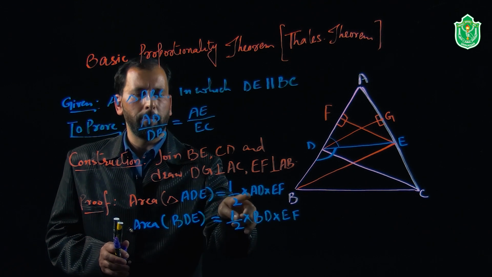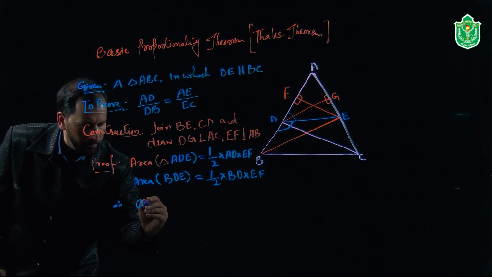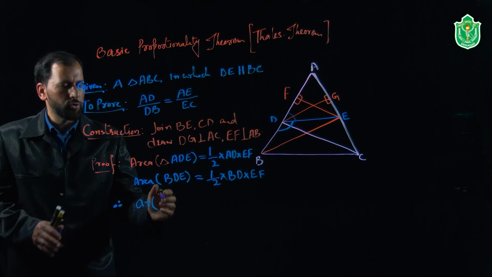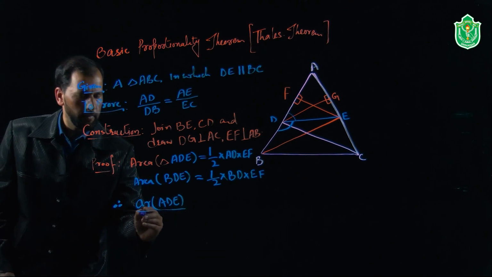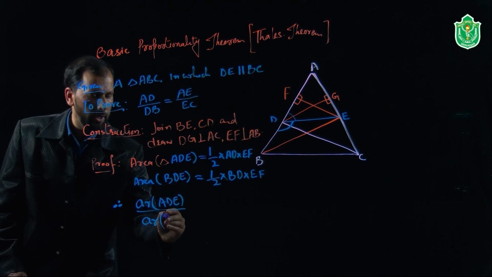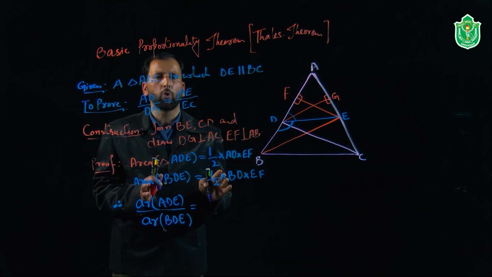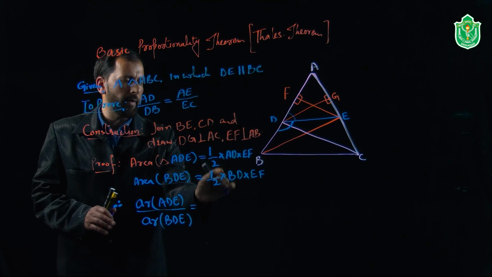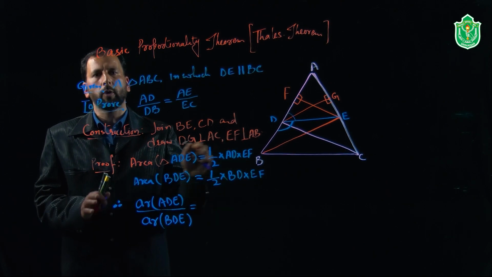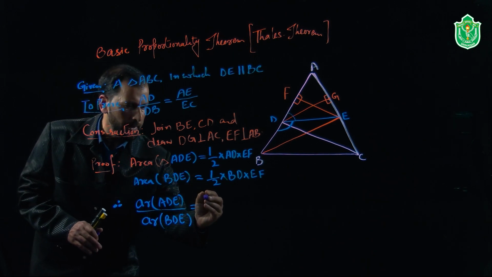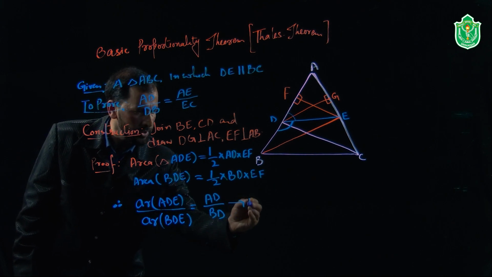We divide the above two, therefore we can write area of triangle ADE divided by area of triangle BDE is equal to, when we look at the right hand sides of the above two equations, 1/2 and 1/2 will cancel out, and EF will also cancel out, and we can write AD divided by BD, and we call this the first equation.